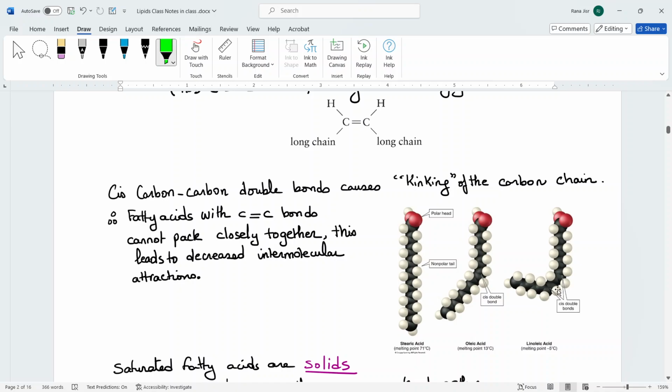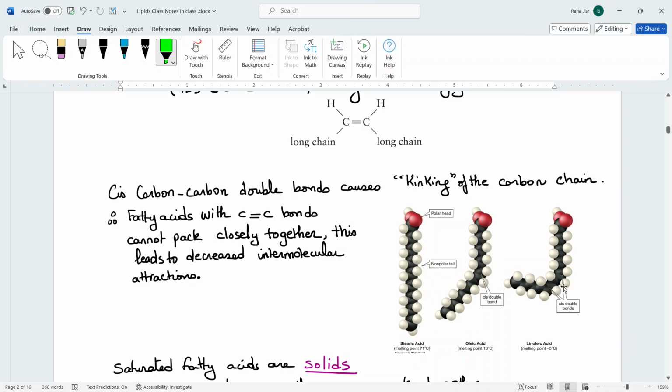So if I have multiple fatty acids that have a lot of double bonds, and if I want to pack them together, they are not going to pack as closely together as the saturated ones. The saturated one is a straight one. It's easy to pack those together, so there will be a lot of intermolecular attraction between them.